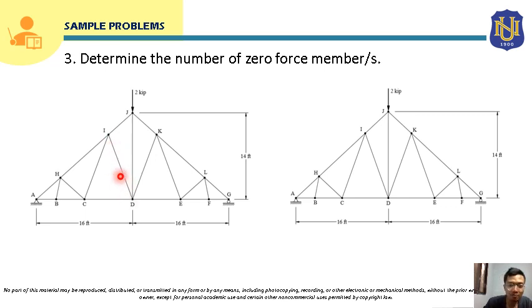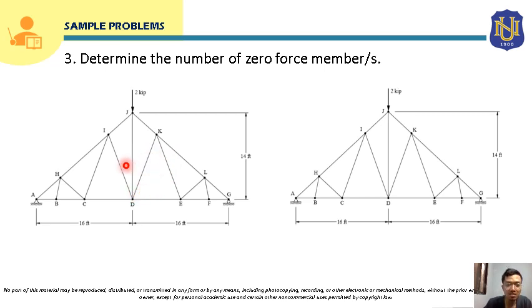So from that, if we proceed to the other side of this truss, we can also know that member FL is a zero force member, member EL is a zero force member also, member EK is also a zero force member, and member DK is also a zero force member.